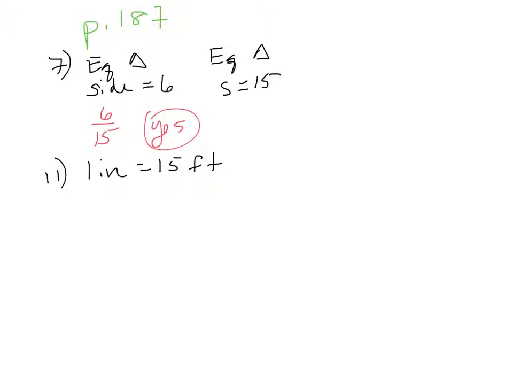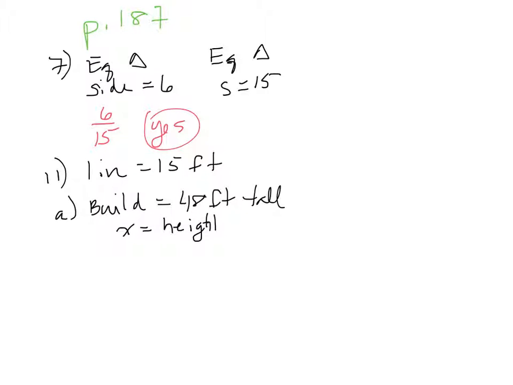And part A says if the building is equal to 48 feet tall, how tall should the scale drawing be? So x is equal to height of scale drawing. So I want you to figure that out.